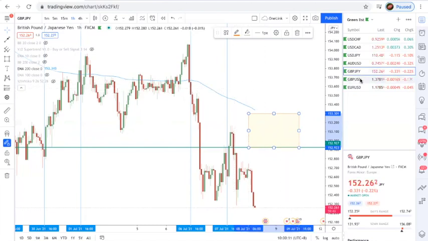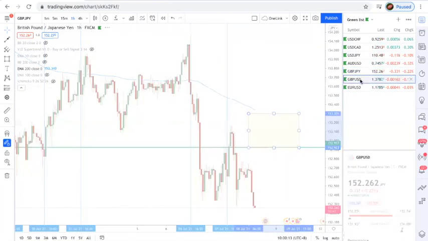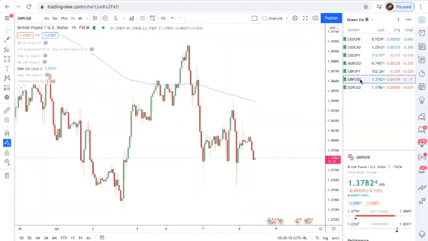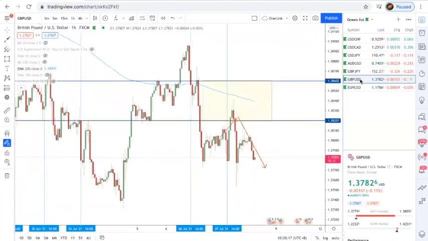Okay, this is for the Great Britain Japan, Great Britain USD. Same thing. By looking at the chart, it is still having a good selling pressure.